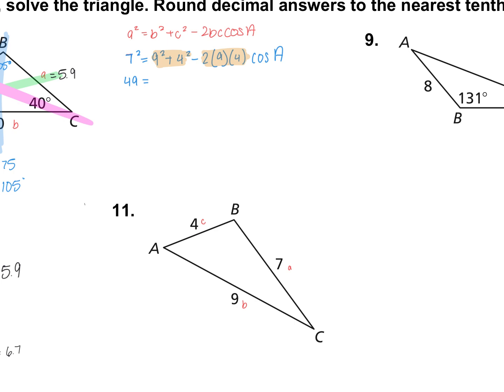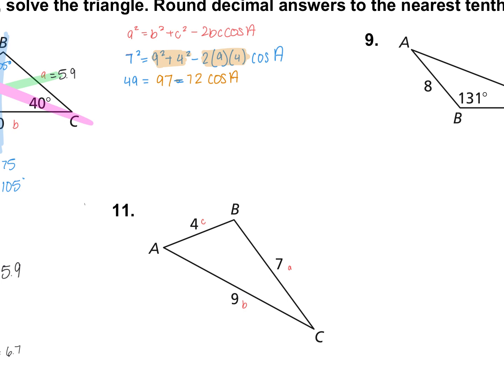So I have 9 squared plus 4 squared, plugging it into my calculator, 97 minus, now solving 2 times 9 times 4, I'm going to get 72 cosine A. And again, I'm trying to solve for my angle.